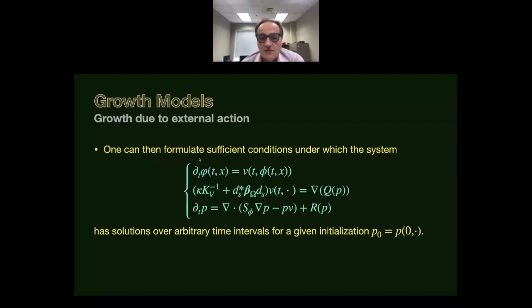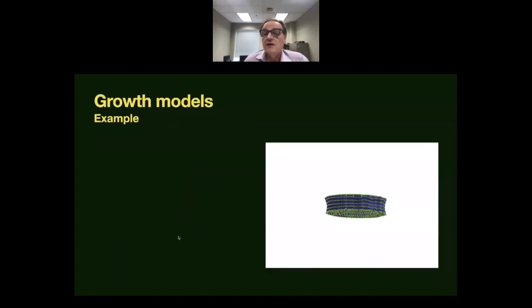What is important is that there is a term that defines the motion as a function of the Eulerian velocity, then a term that defines the Eulerian velocity as a function of something that relates to growth, with this P related to growth and some evolution of the growth that depends on phi and on V also. So we get these coupled equations, and we were able to prove once again, as part of Danny's dissertation, that these equations have solutions in arbitrary times.